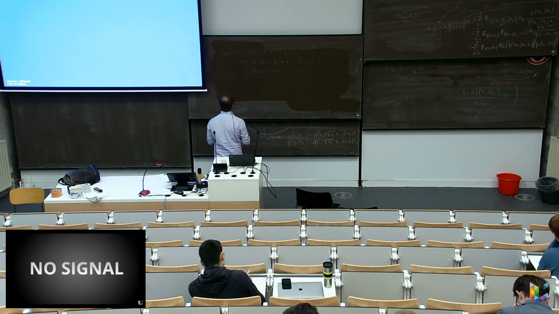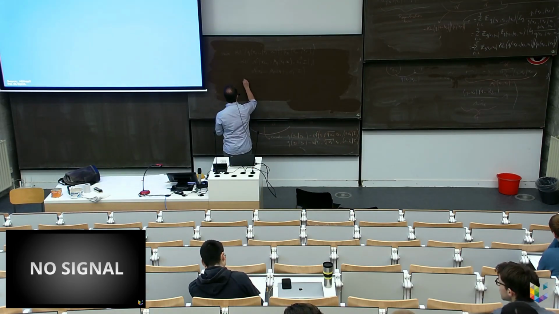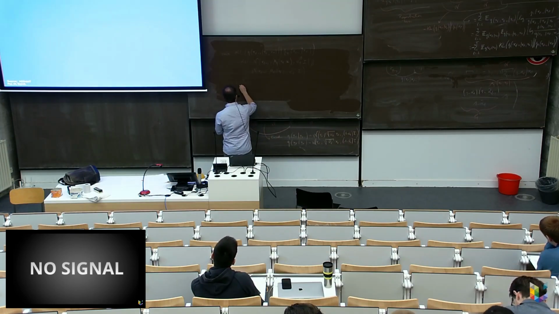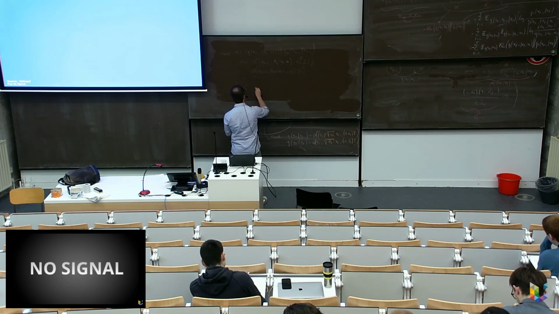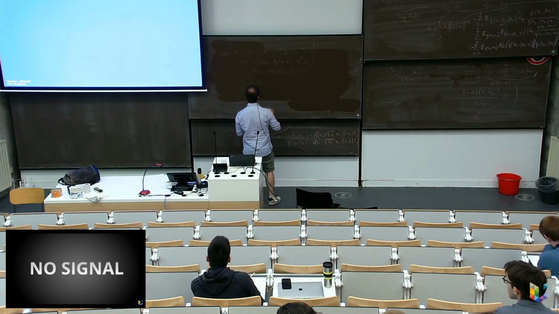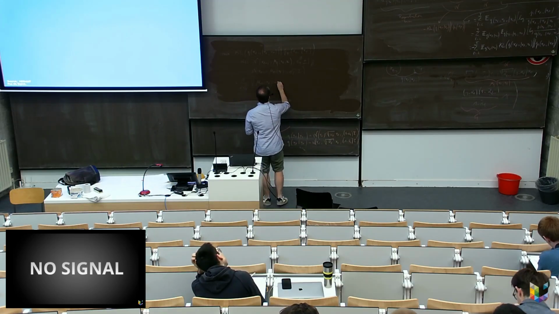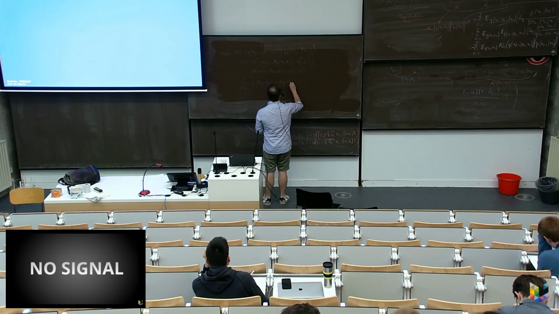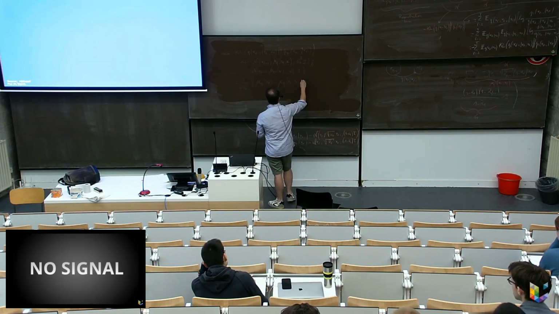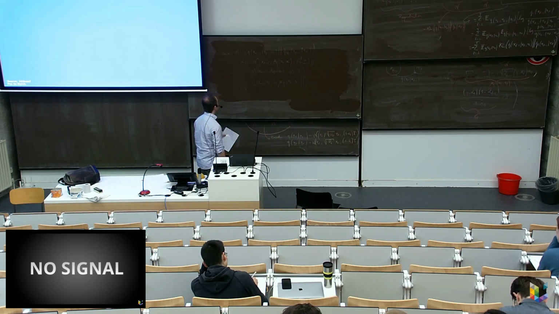And what you will arrive to is that this is the same as minimizing 1 over 2 sigma square t times the L2 norm of the difference of the two means, or the square of the norm, rather.